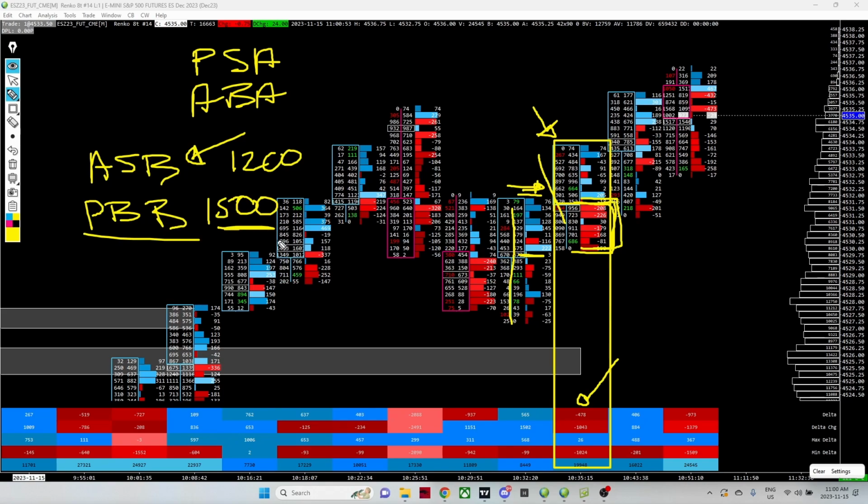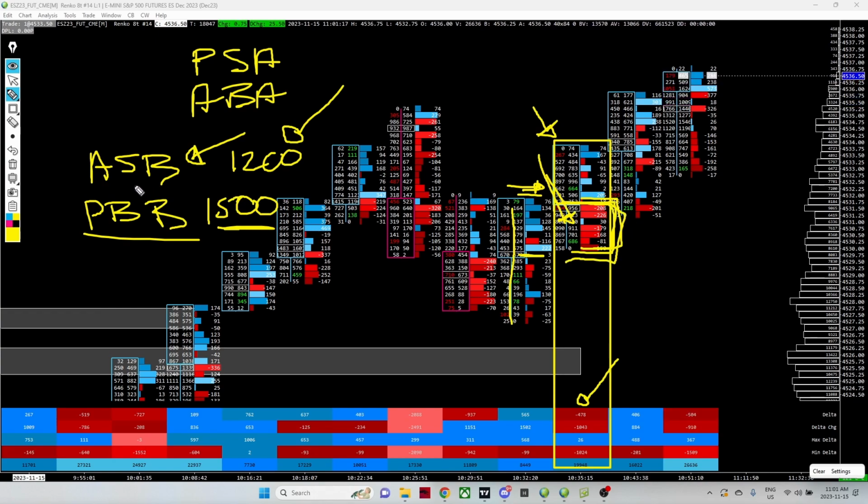There's a surplus, right? There are more passive buyers sitting on the bid than there were aggressive sellers hitting the bid. So this in itself is going to make a negative delta. We have aggressive sellers selling to the passive buyers at the bid, right? That's how this delta becomes so negative.